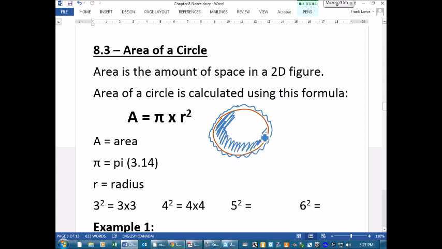So area of a circle is all the space on the inside, all this in here. So when we end up with a measurement at the end, we don't just have centimeters, we have centimeters squared. And probably the easier way to show you that is with a square.